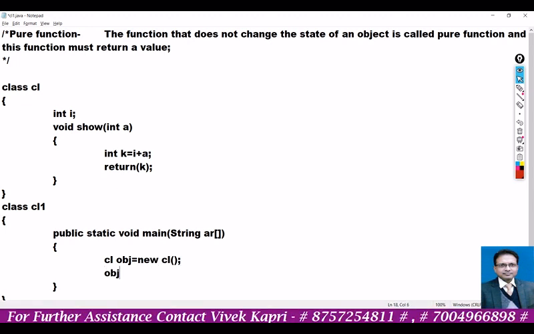Now first of all assign the value in I, obj dot I equal to 10, or you can also use it without any parameter so that your program will be simpler. And here I plus plus, we just have to show whether there is any change in the value of I or not. I equal to 10, obj dot I equal to 10.